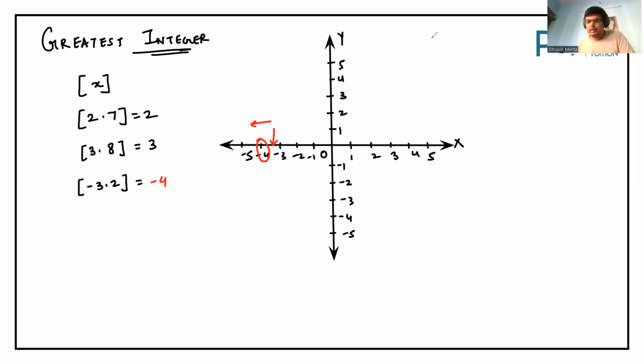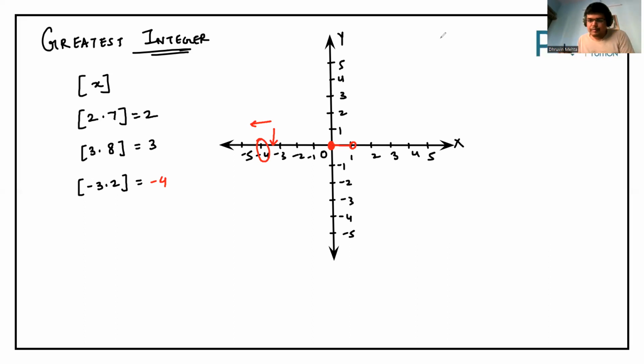So there is no formal definition of the greatest integer function. Let's understand its graph, because the answer is going to be different for all. See, if x is between 0 and 1, the answer is going to be 0. Like if I ask you greatest integer function of 0.1, 0.2, 0.3 up to 0.9, the answer is going to be 0.